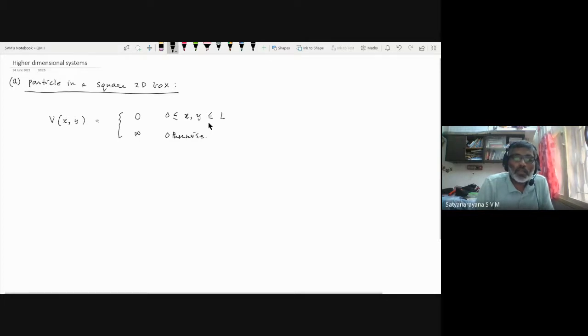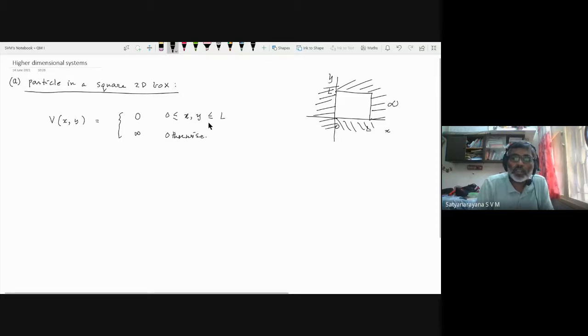That means we have something like an xy plane. So let's say this is your 0 to L. This is x and this is y, and this is 0 to L. So the particle can be in this region, and everywhere outside this region the potential is infinity.